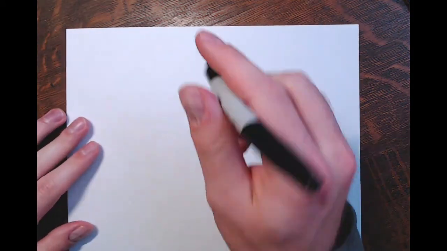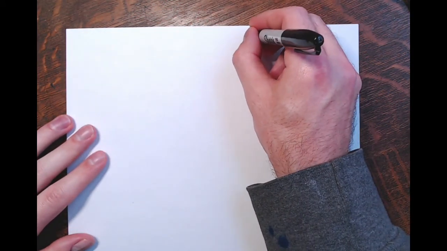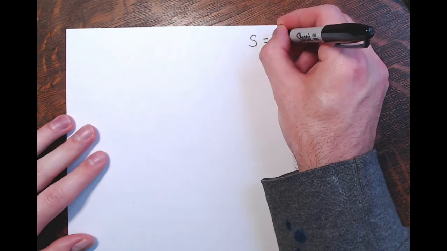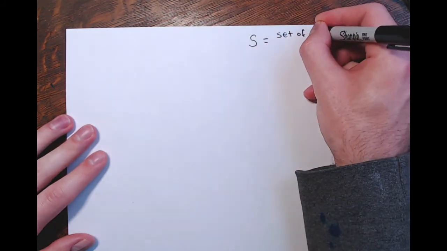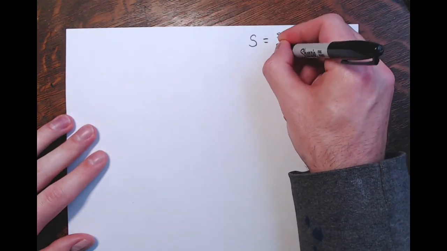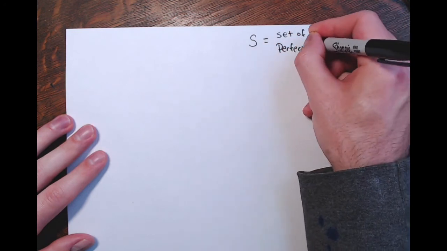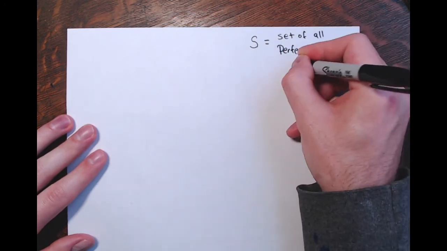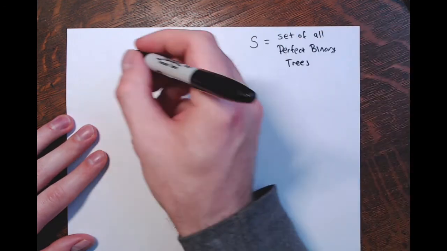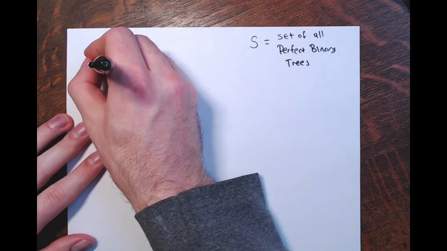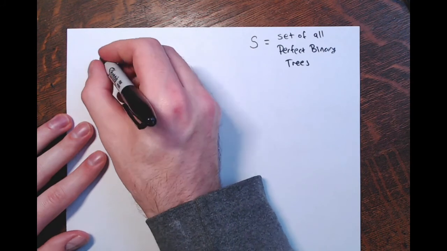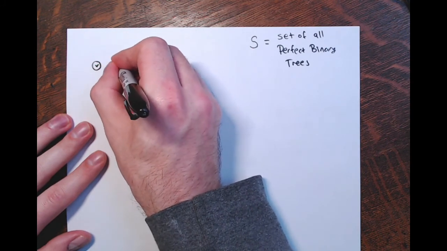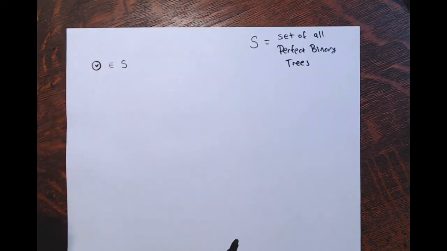So again, I'll let S be the set of all perfect binary trees. Now the basis, with just a vertex, is a perfect binary tree, the most basic one there is.